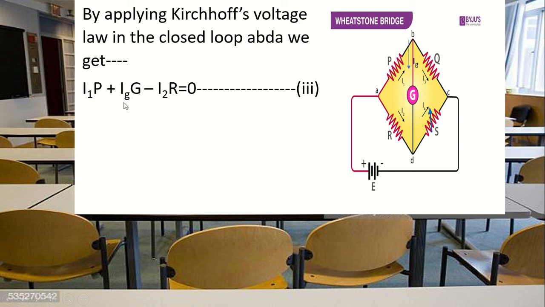So IGG is positive, but when we go through this way, I2 is in this direction but we are moving in the opposite direction, so it will be negative. So I2R will be negative. So we will get equation 3, that is I1P plus IGG minus I2R equal to 0.